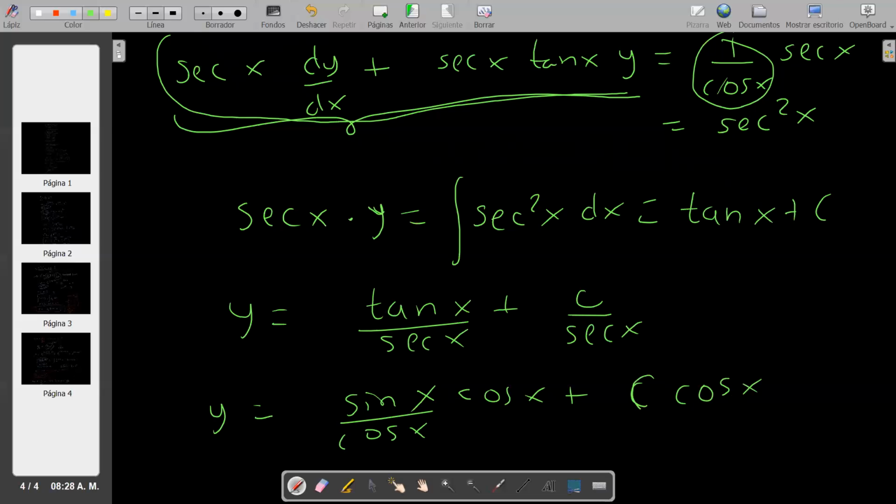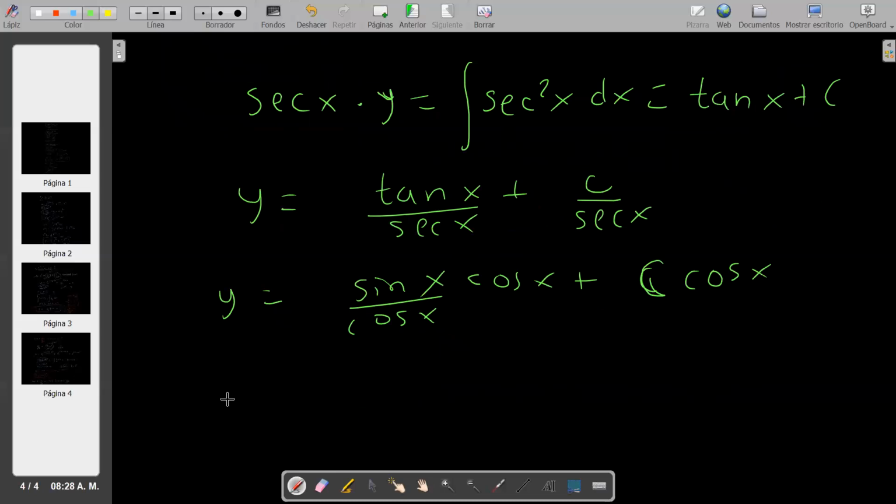So we will have c times cosine of x, and our solution will be sine of x plus a constant times cosine of x.